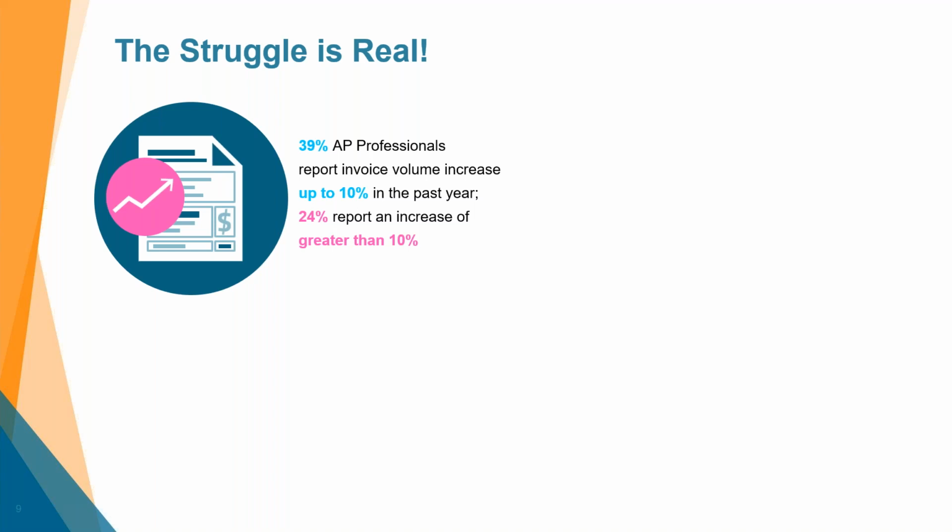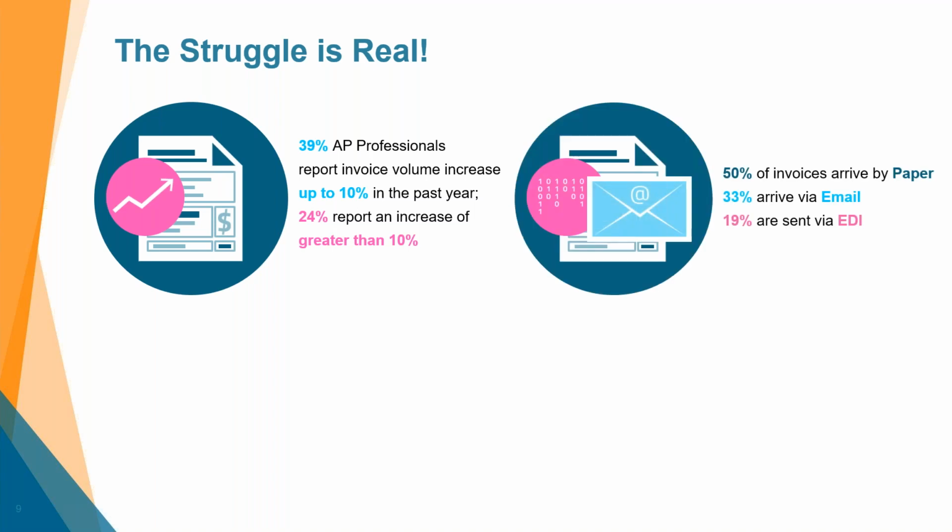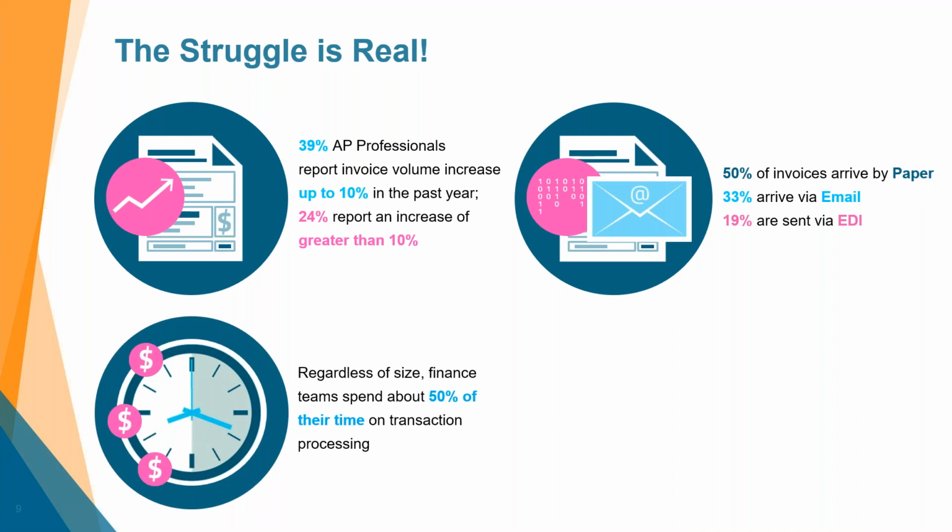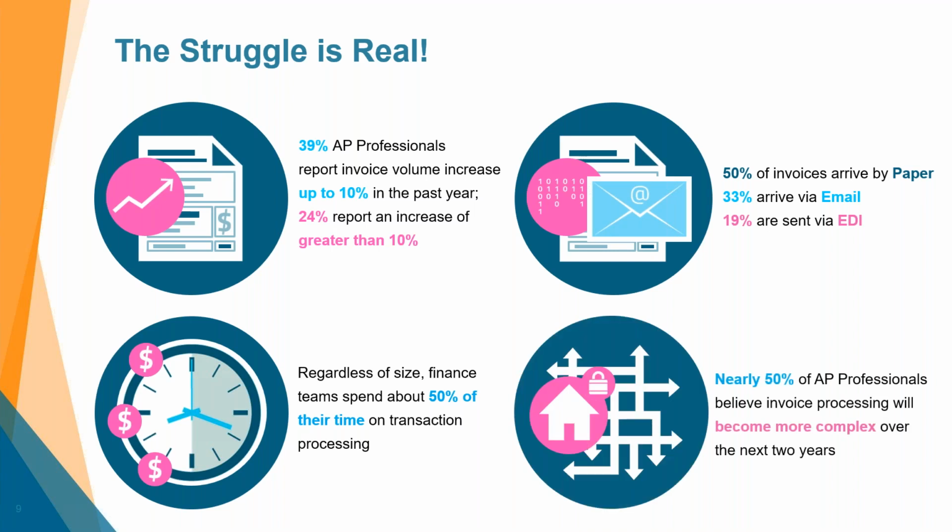In fact, 39% of AP professionals report that invoice volume has increased up to 10% in the past year, and 24% report an increase that is greater than 10%. 50% of our invoices still arrive by paper, and a third are in email. And regardless of the size of your organization, finance teams report that 50% of their time is spent on transaction processing. And finally, nearly 50% of all AP professionals believe that invoice processing will actually become more complex going forward.